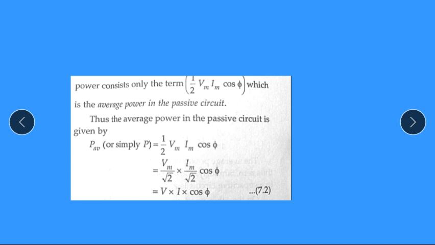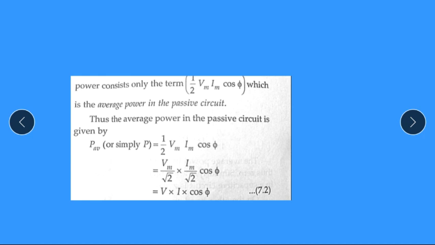So, power consists only of the term half Vm Im cos phi, which is the average power in the passive circuit. Thus, the average power in a passive circuit is given by P average is equal to half Vm Im cos phi, which can also be written as Vm by root 2 into Im by root 2 cos of phi.